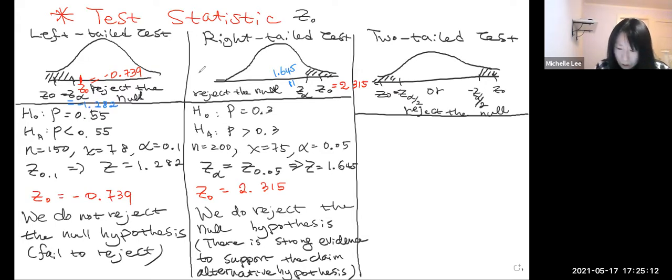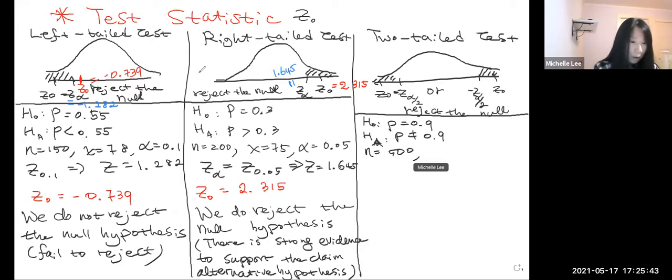The null hypothesis is P equal to 0.9, the population proportion, and the alternative hypothesis is P not equal to 0.9, so the population proportion is different. N equals 500, X equals 440, and alpha equals 0.05.